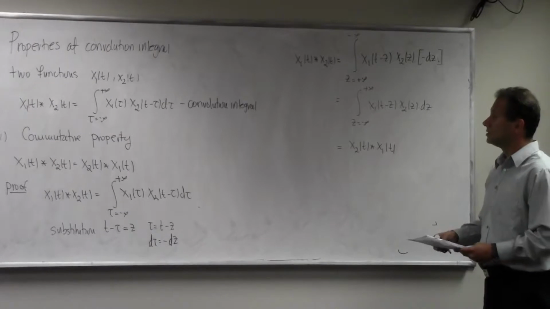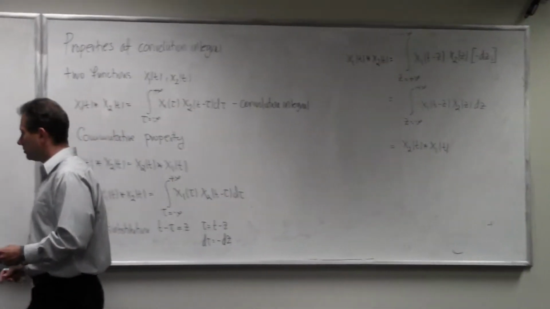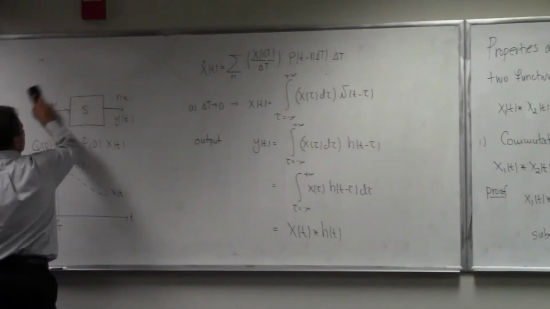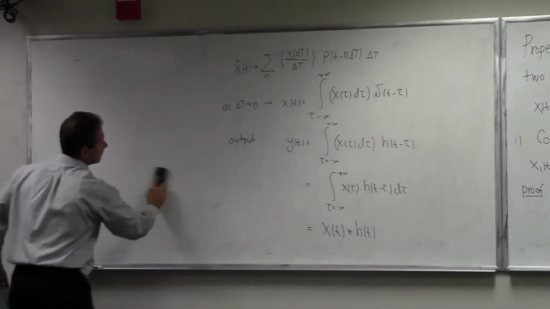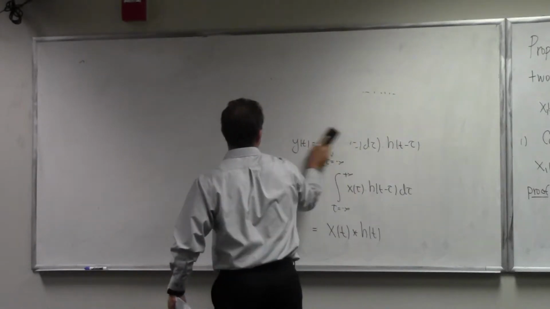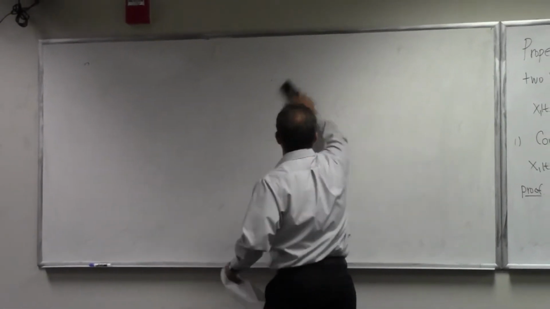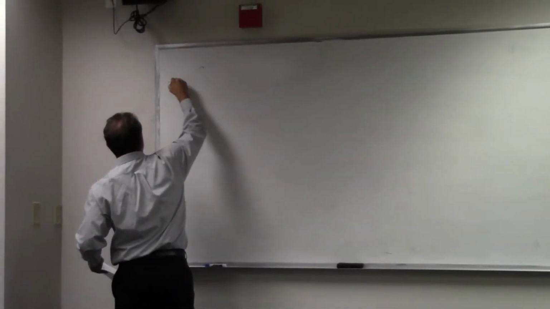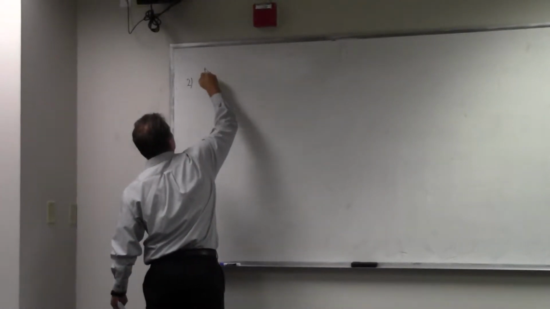You can actually change the order in which you do convolution. There are two other properties that are of the same nature and very easy to prove. So I'm just going to state them. The first one is distributive property.